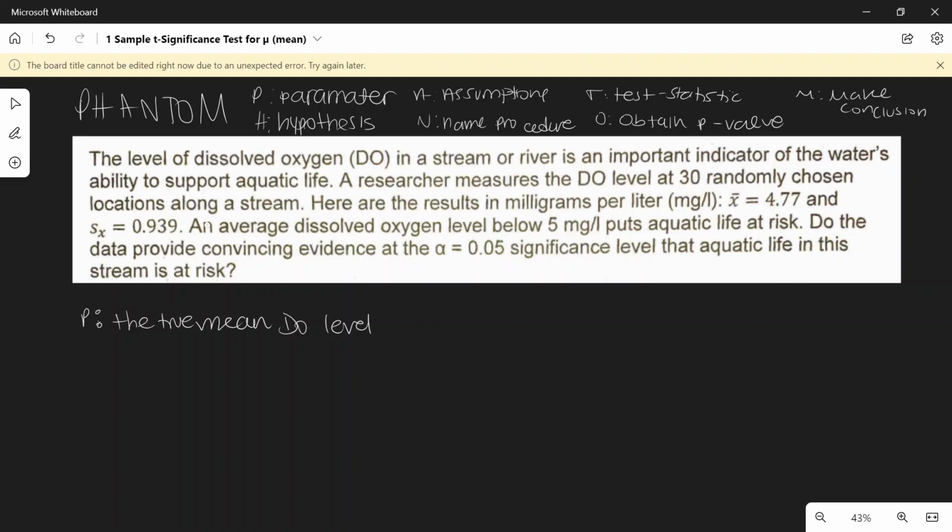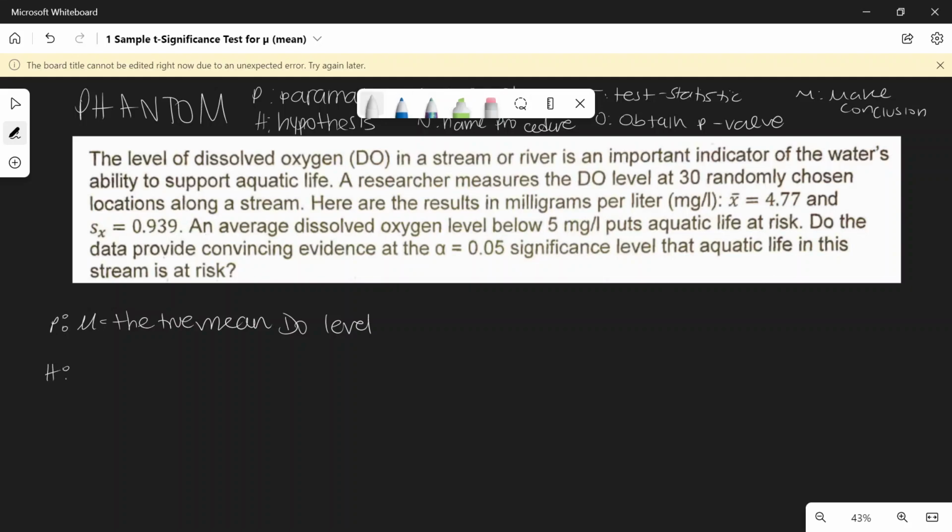So that's what we're trying to figure out, the true mean dissolved oxygen level. Okay, then what do we have? We have H, so our hypotheses. Oh, real quick, sorry, forgot to add something. We have to say our mu. Mu is equal to the true mean DO level.